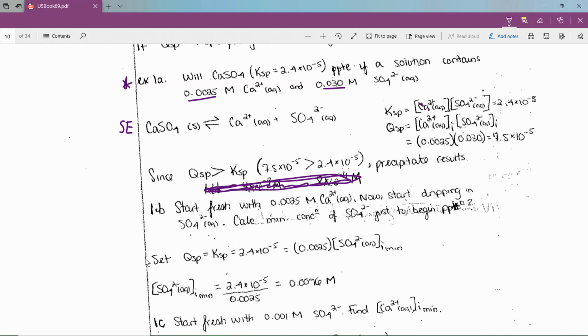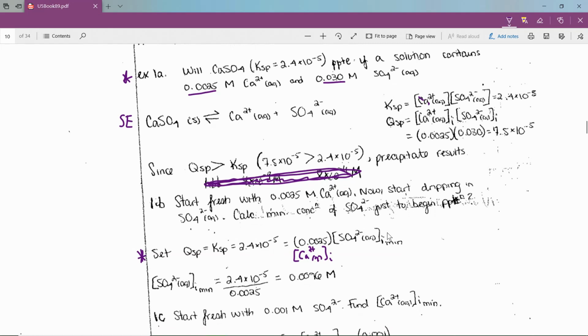And to do that, you set your QSP equal to your KSP, because when QSP is equal to KSP, you just start to get precipitation. So that's the key. You set your QSP equal to the KSP, which is given 2.4 by 10 to minus 5. So that equals my instantaneous calcium 2 plus concentration times my minimum sulfate.